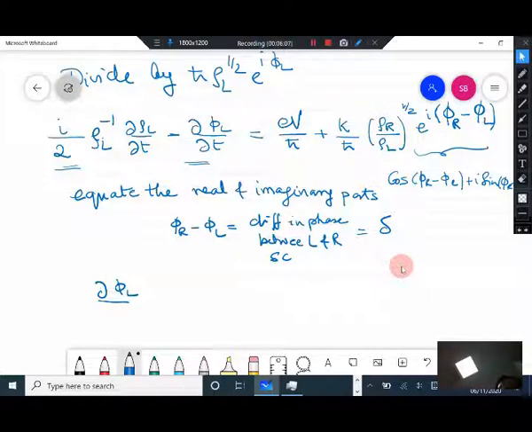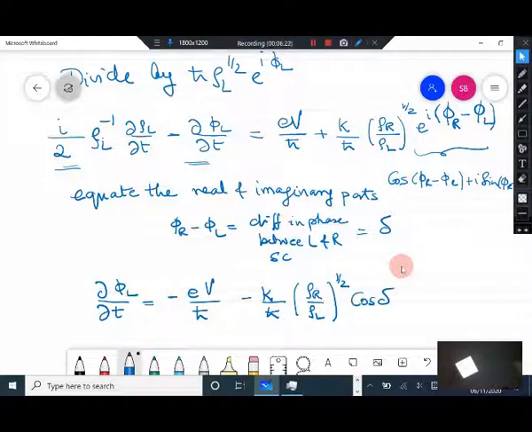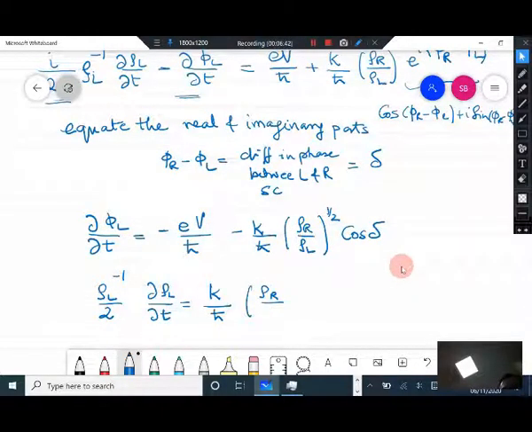del phi L by del t. Equating the real and imaginary parts, it will be minus EV by h cross minus k by h cross times rho R by rho L raised to half, times cos delta, and del rho L by del t equals 2k by h cross times rho R rho L raised to half, times sin delta.